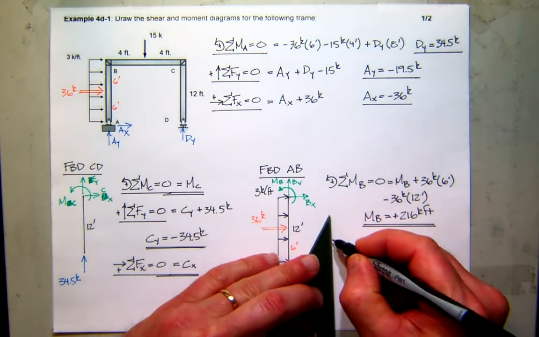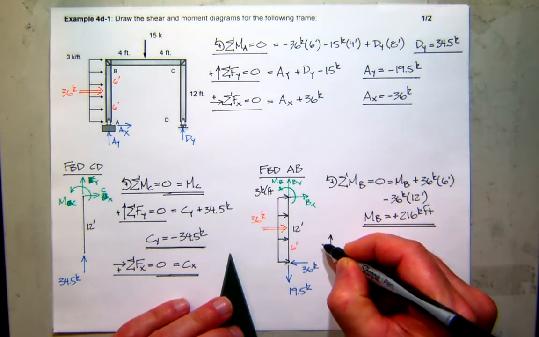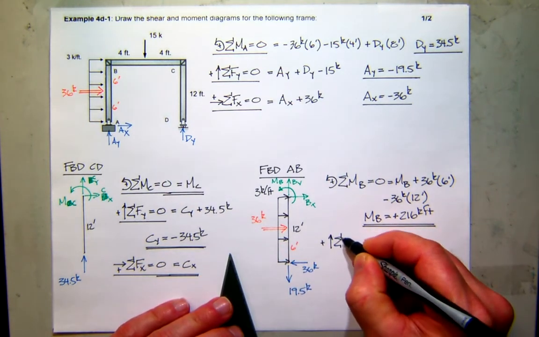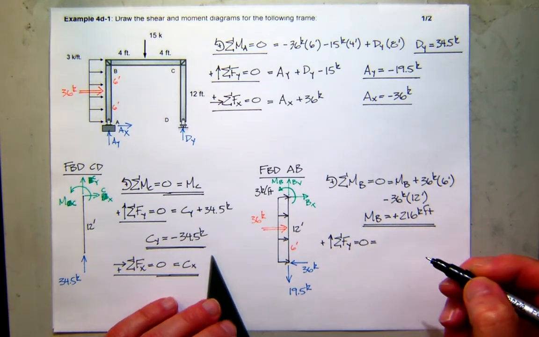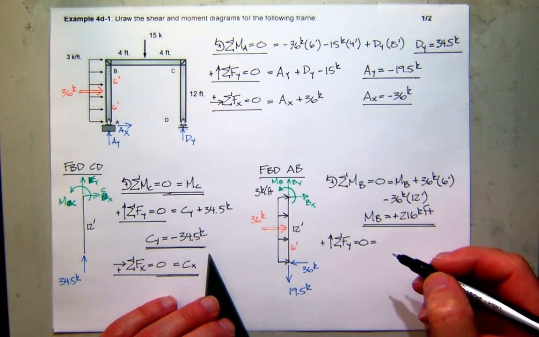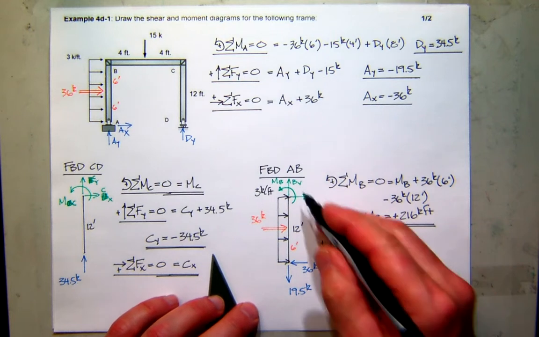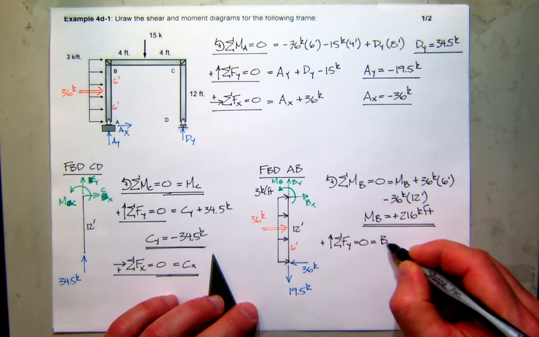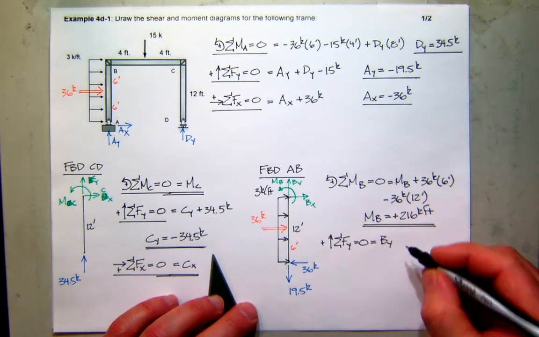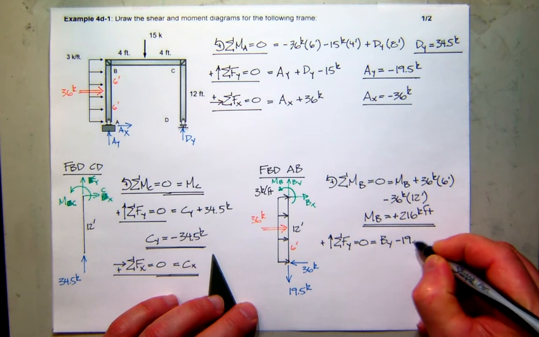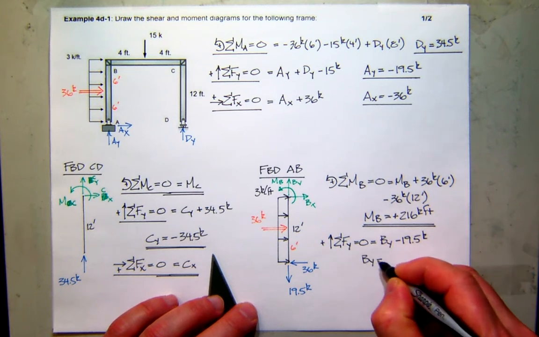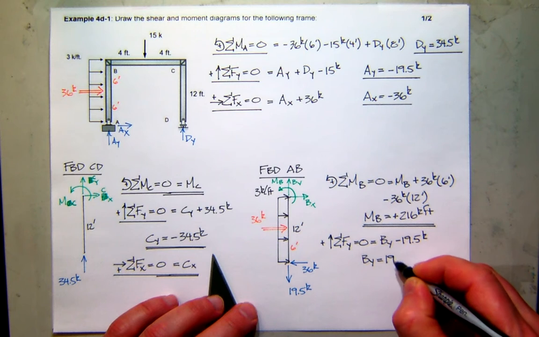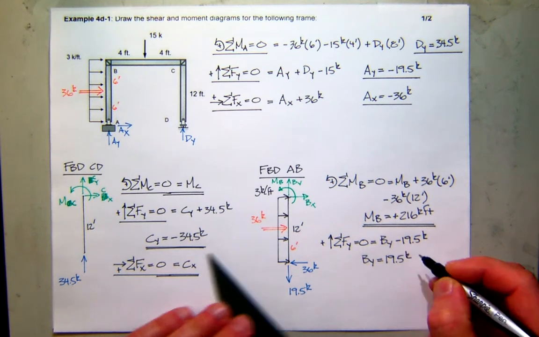We can go ahead and sum forces in the y direction. So in the y direction we have what? We have By acting up and 19.5 acting down. So it looks like that By is equal to 19.5 kips.